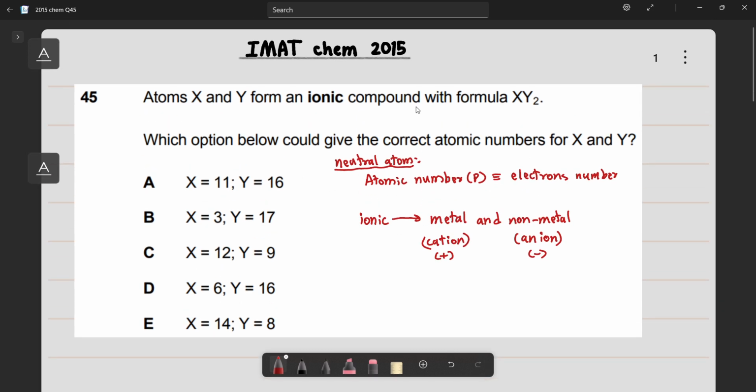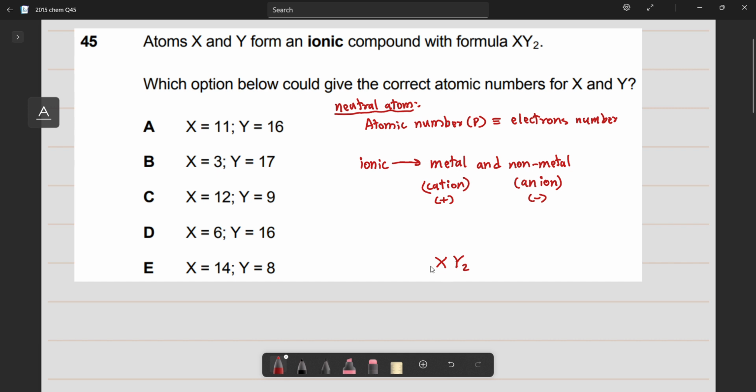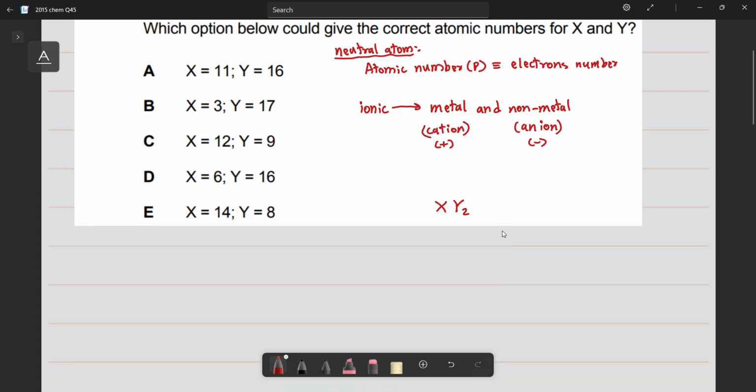So now the ionic compound they gave us is XY2. So we have 2 Y atoms bonded to 1 X ion. Okay, so what we can do is separate this into ions. This will give us X with 2 plus and Y with a negative charge of -1. So if we swap these charges, it will give us XY2.